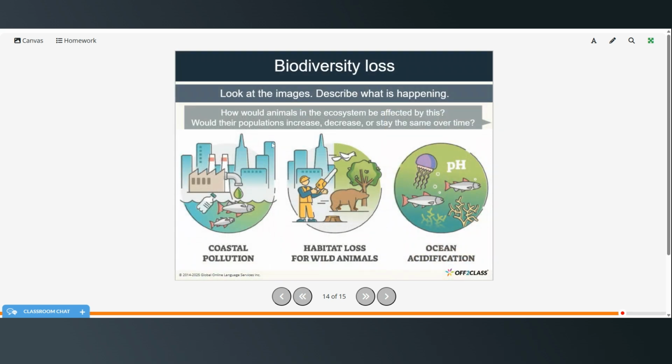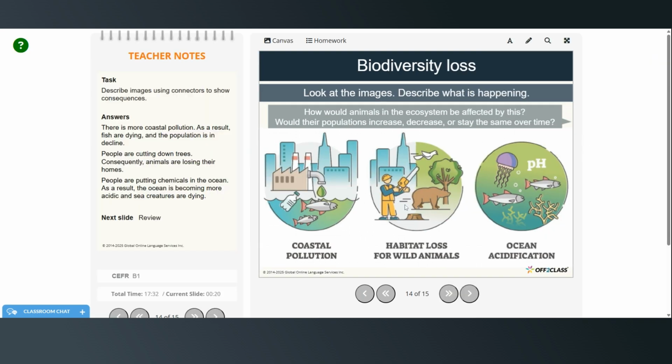All right, so look at the images and describe what is happening. How would the animals in the ecosystem be affected by this? And would their populations increase, decrease, or stay the same over time? Well, coastal pollution, the fish are dying, would cause the fish to die, which would cause a decline in their population.